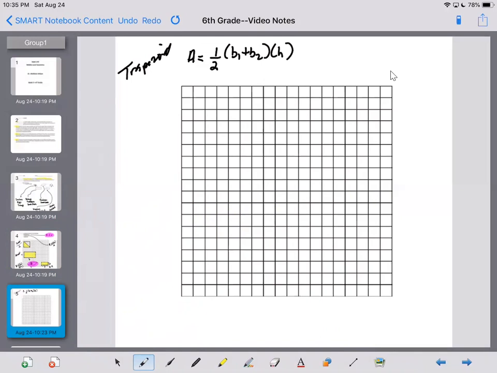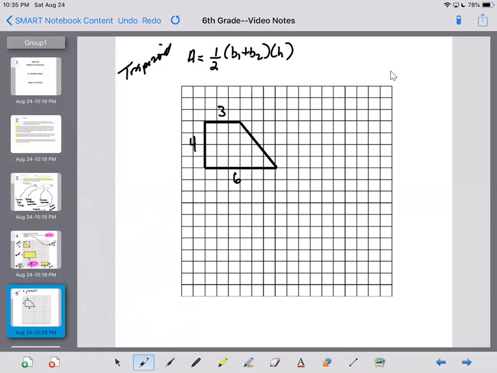So I'm just going to draw the height is 4. And I'm going to make this trapezoid. So I know that this is 6 units, and this top, what we'll call the top base, is 3 units, and the height is 4 units.